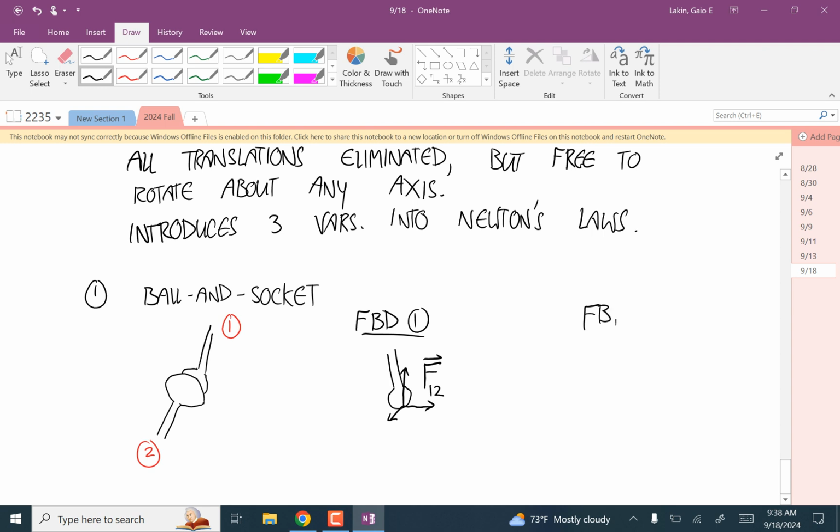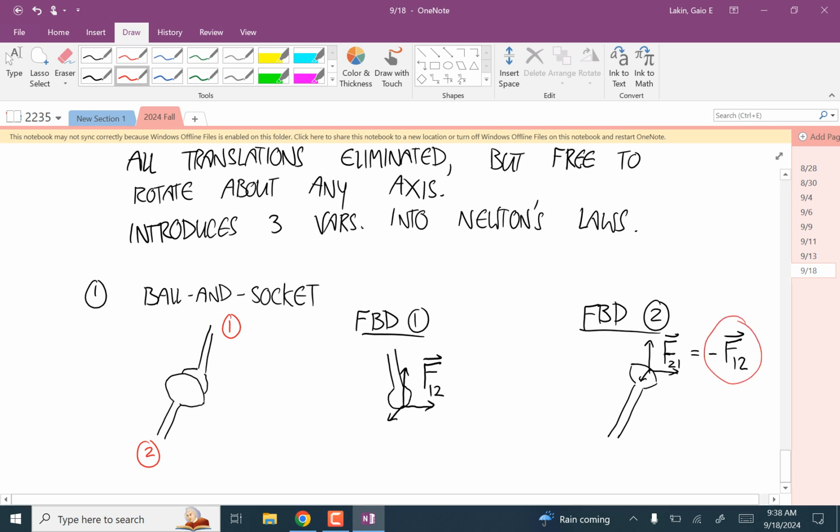And then if you were drawing a free body diagram of body 2, you draw all of those axes in the same directions, just in your coordinate system directions. And the force you would write as F on 2 by 1, but more importantly, that's equal to negative F12.